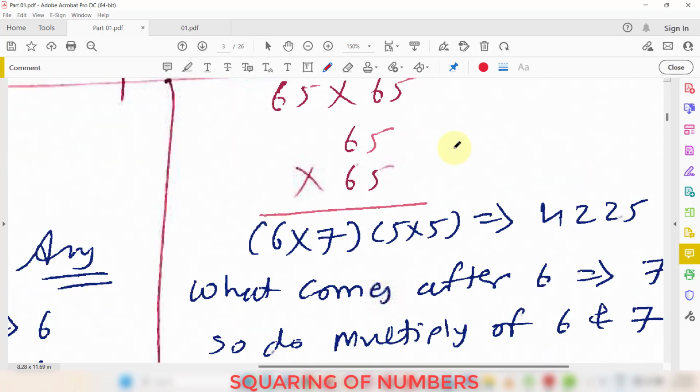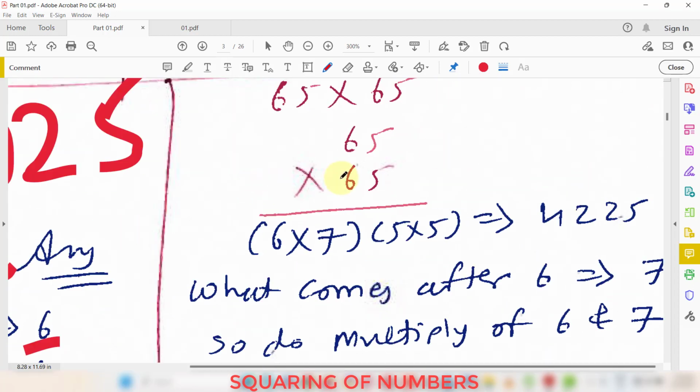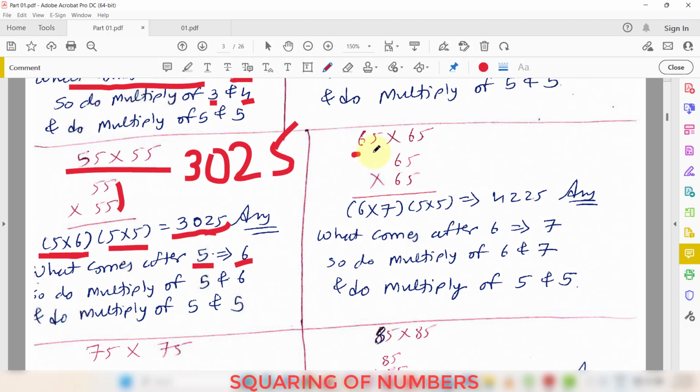Now let's do the number 65. What comes after the 6? 7. So I will multiply 6 times 7, and the other two numbers are 5 and 5, so 5 times 5 is 25. So my answer should be 4225.